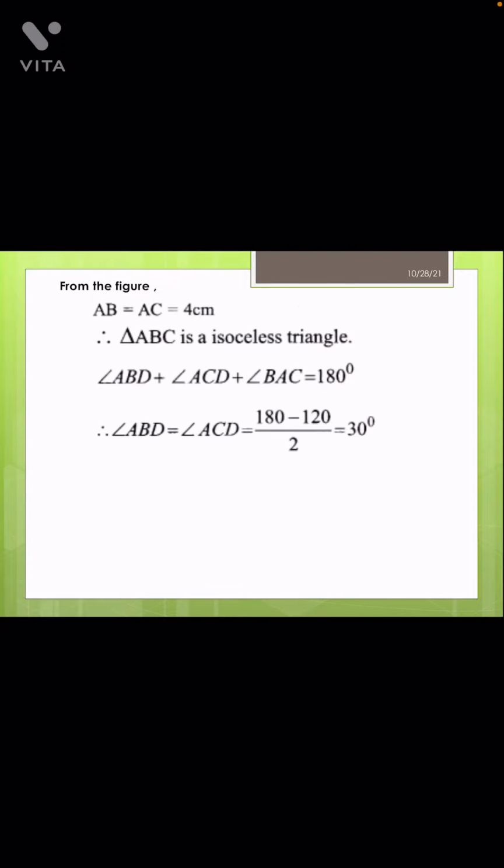From the figure, AB is equal to AC, which is 4 centimeter.